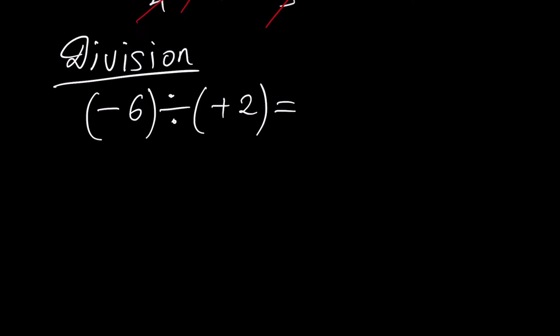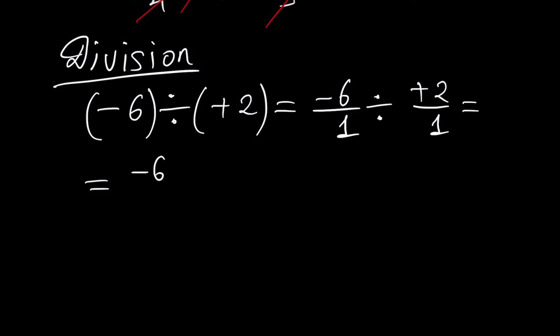Since -6 is -6/1, and this can be written as division of fractions, and we can transform division of fractions into multiplication of fractions.